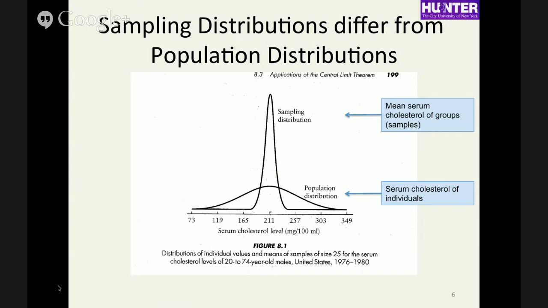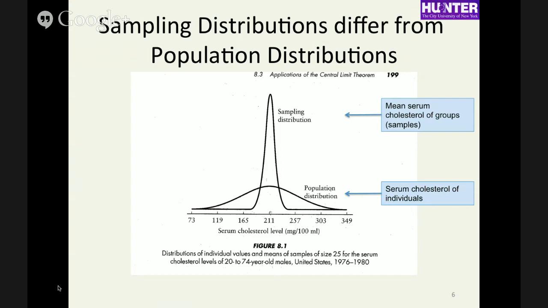The central limit theorem was all about the relationship between the population distribution and the sampling distribution. So given a population distribution, such as of serum cholesterol of individuals, or we did ages or running times of runners in a race, if we know the mean and standard deviation of that population, we can convert that to a mean and standard deviation of the sampling distribution.